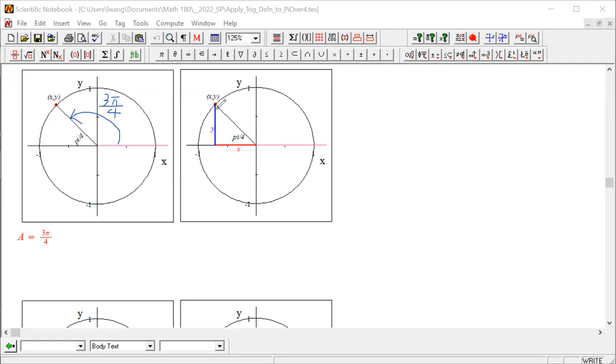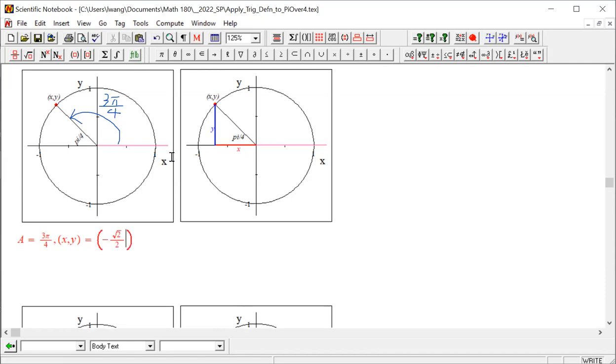because the point is in the second quadrant, to figure out what is x and what is y in the second quadrant, right? X is going to be negative because over here you can see x is on the negative side. So that's going to be negative root 2 over 2. And y is going to be root 2 over 2, right?